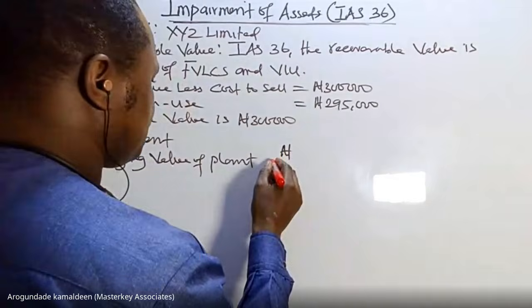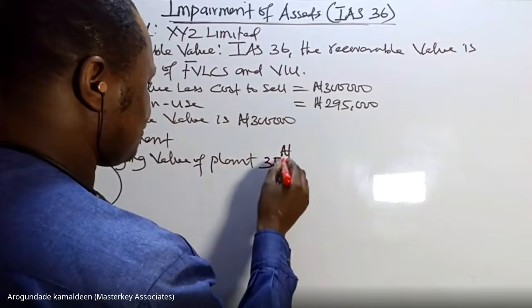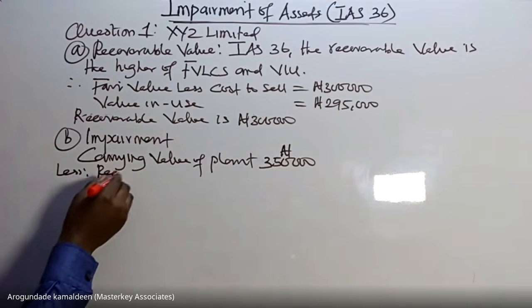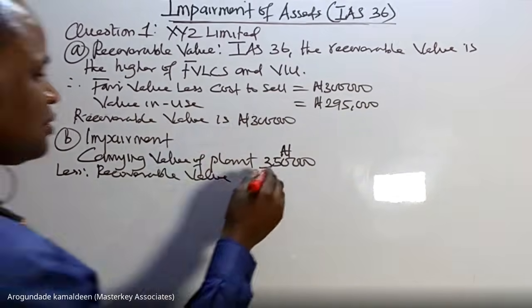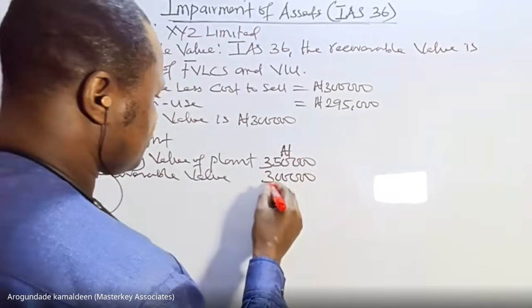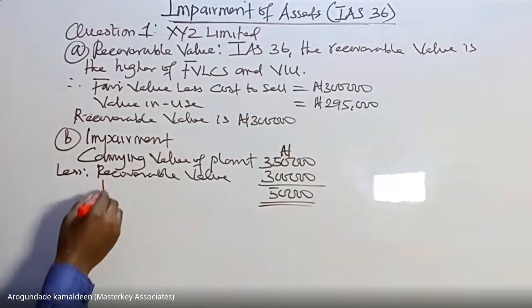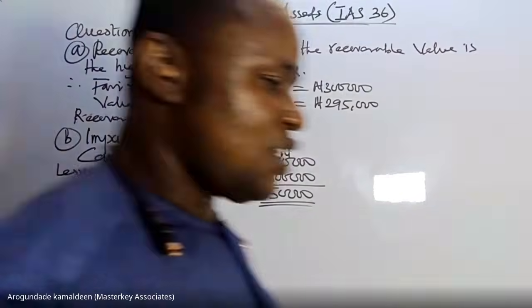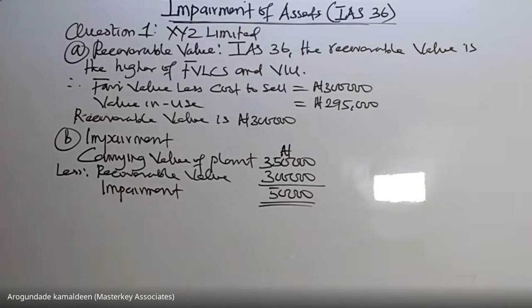It is 350. Then less the recoverable value, which is 300. You have 50,000 as impairment. So the value of the plant has now been reduced by 50,000 as impairment. That is that.